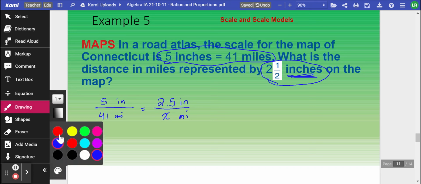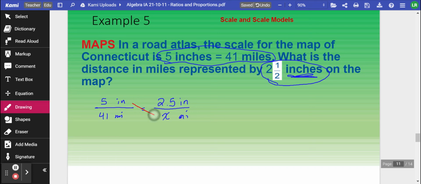So cross multiply and solve. 5 times x is 5x. 41 times 2.5 is 102.5. Divide both sides by 5 because they're already on opposite sides. And 102.5 divided by 5 is 20.5, and that would be miles.